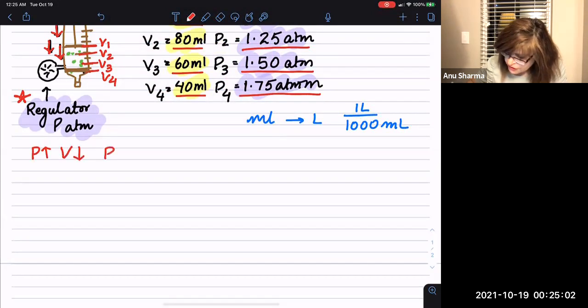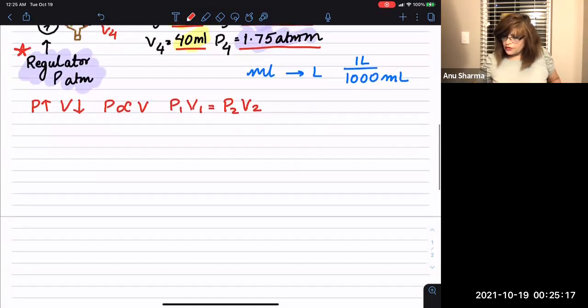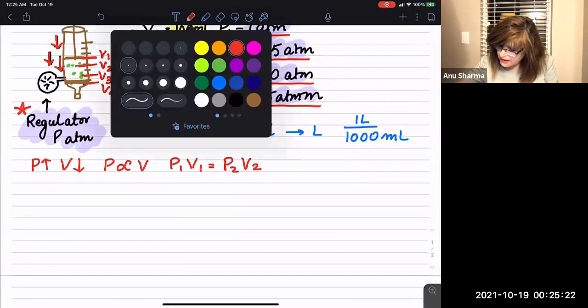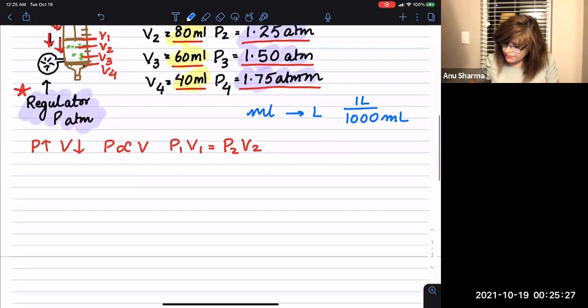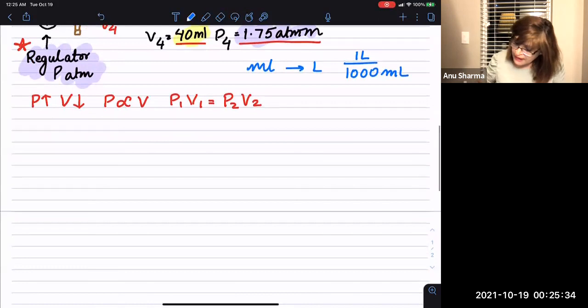There is an inverse relationship between pressure and volume, and we show it by this formula, P1 V1 is equal to P2 V2. Keep in mind that the pressure readings are generally in atm, but if they are in millimeters of mercury, PSI, or torr, then you change it.